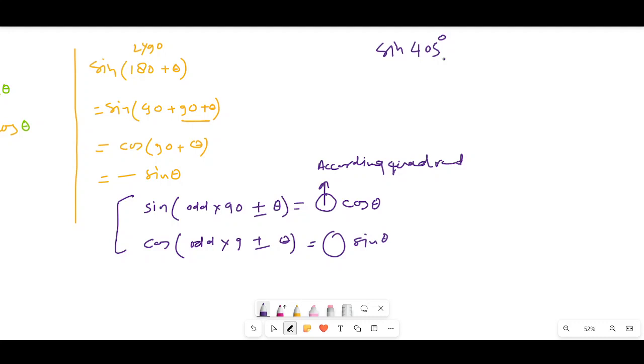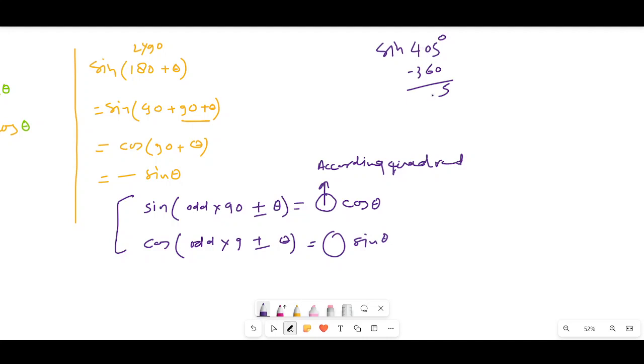That is difficult. First we should change it. We should divide by 90 to see how many times 90 is there. 405 is greater than 360, so we should subtract 360, and we will get 45.